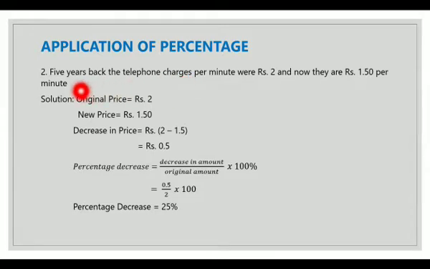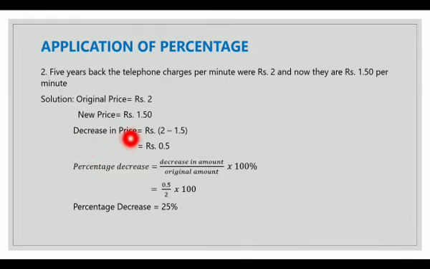The second sum. 5 years back, the telephone charges per minute were rupees 2 and now they are rupees 1.50 per minute. So we need to calculate, is it a percentage increase or percentage decrease. So original price is rupees 2, new price is rupees 1.5. So here we can see that it has decreased.